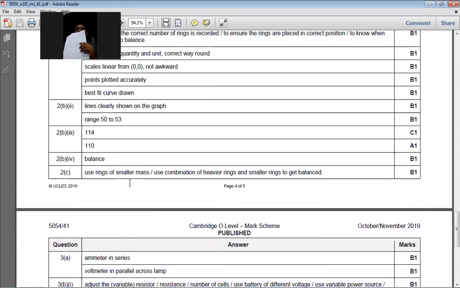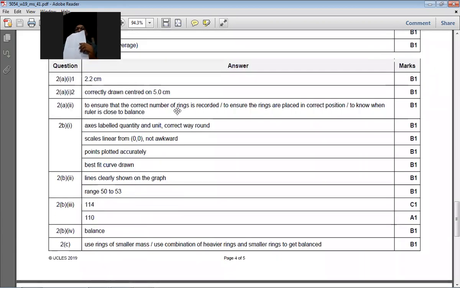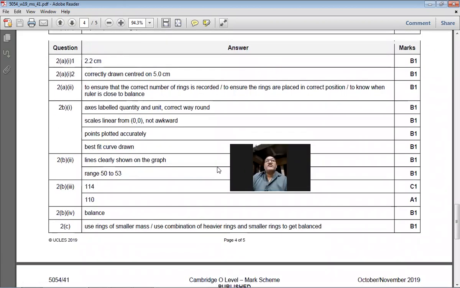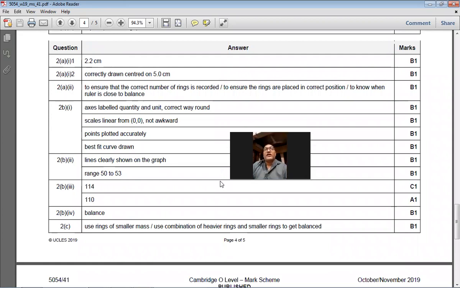Question number 2. My dear students, the whole of question number 2 is showing up on your screen. So what you can do is stop the video, pause the video and have a good look at this marking scheme. To check your answers with the marking scheme is very, very important.